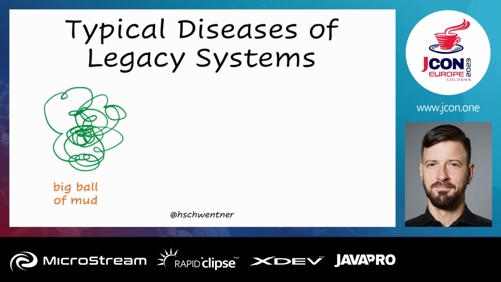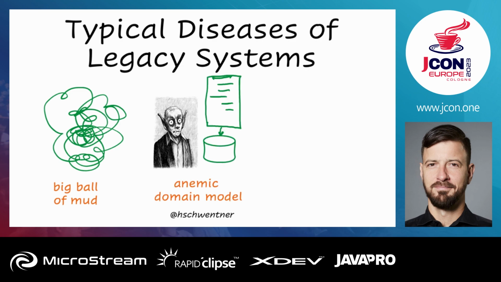Well, they suffer from being a big ball of mud. There's no structure in it, especially no vertical structure in it. They suffer from having an anemic domain model. There is no true understanding of the domain, of the Fachlichkeit, as we would say in German, in the system, or not enough.